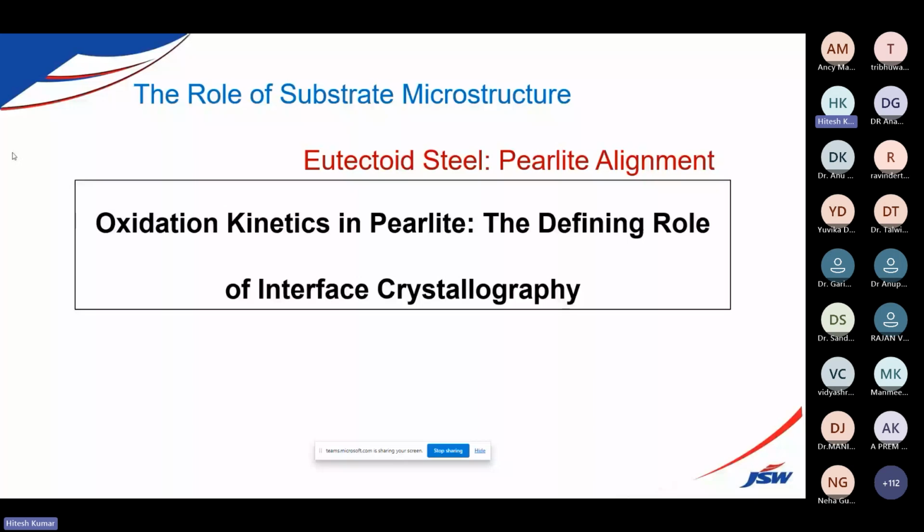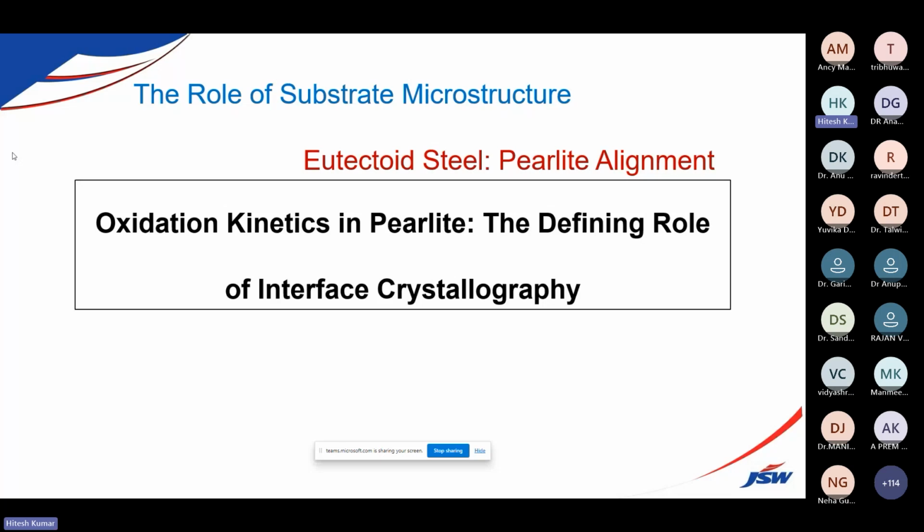When I teach in my class, I say those are sitting in a boy-girl ratio kind of arrangement: one boy, one girl, one boy, one girl. That is called a lamella structure. One ferrite phase, then cementite, then again ferrite, then cementite. If that kind of structure is there, it is called a pearlitic structure. For that we use the eutectoid steel, which usually has 100% pearlitic structure.